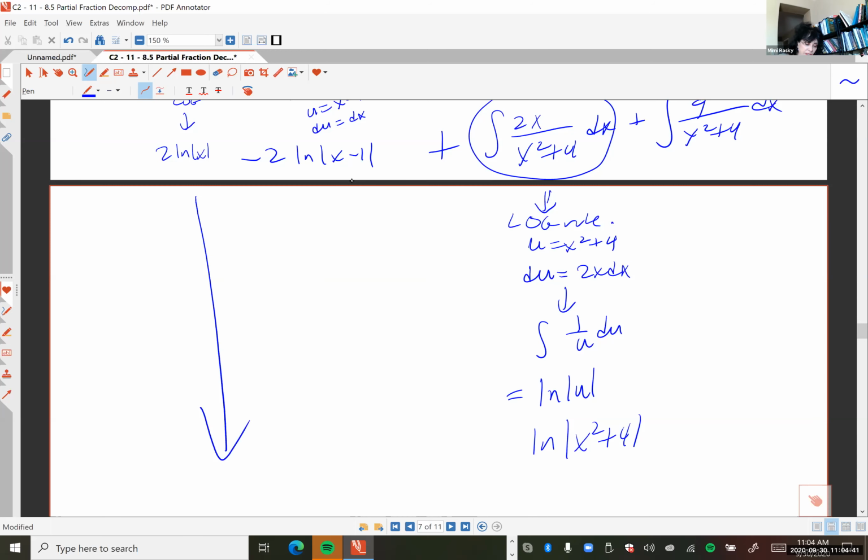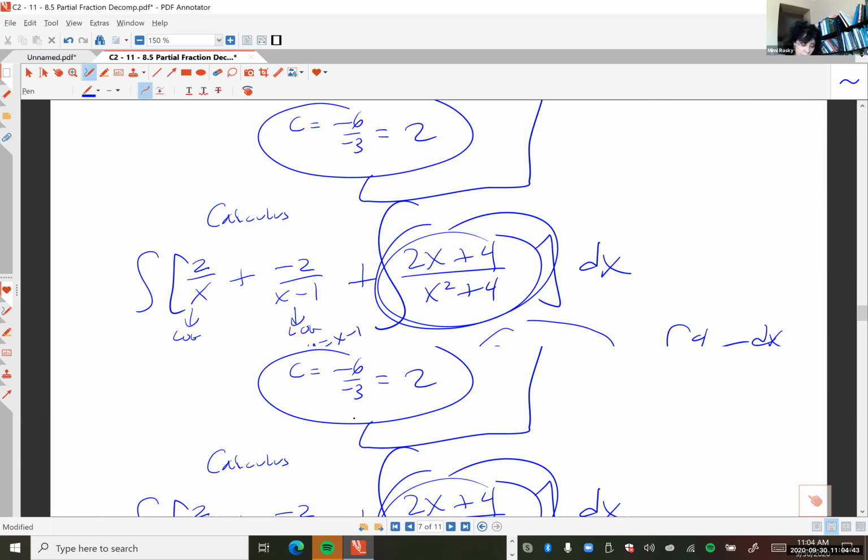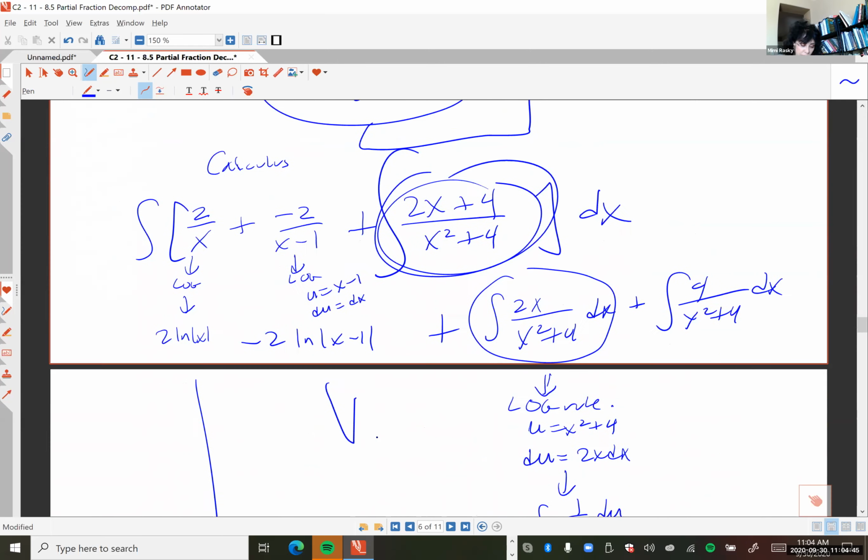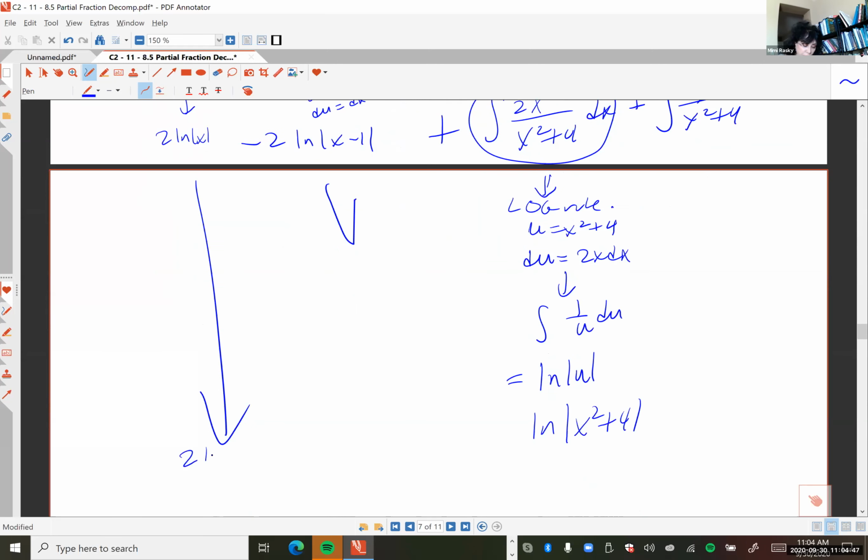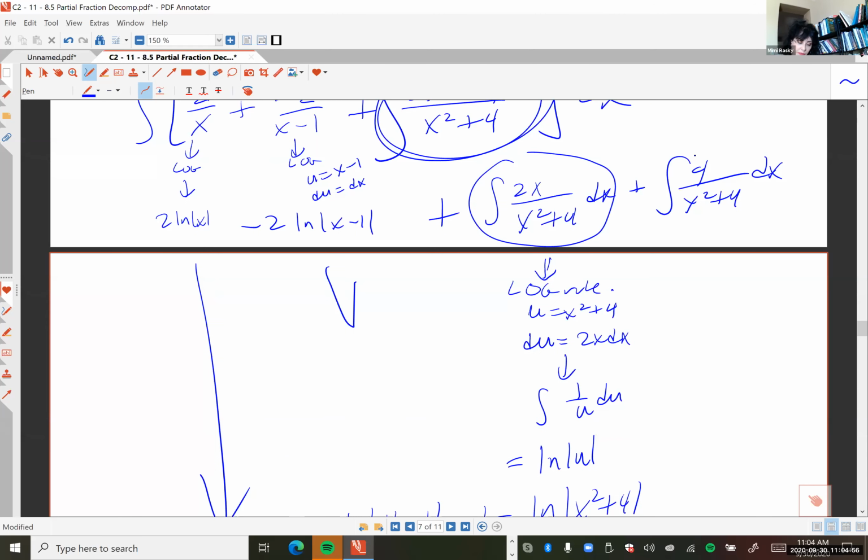And don't forget, you still have those logs there. So you still have 2 ln x minus 2 ln. You still have these logs. Now, what about this thing here? Arctan. That one is arctan rule. Can you see it? Yeah.